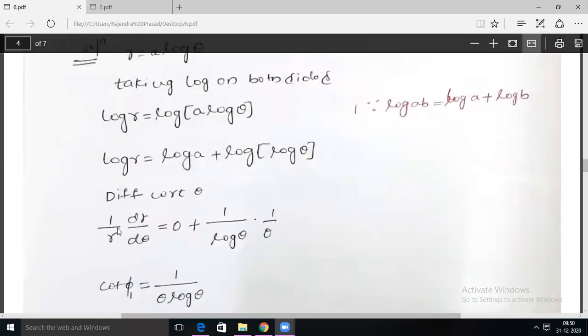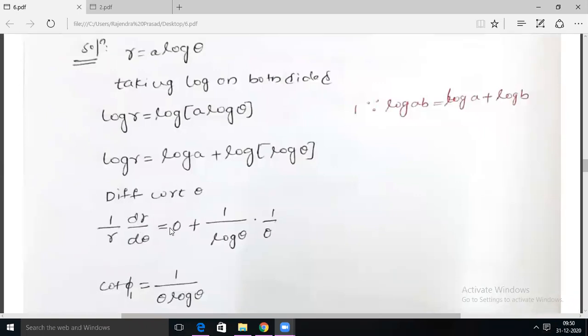Log r differentiation is 1 by r into dr by d theta, is equal to log a, a constant, whose differentiation is 0, plus log of log theta. The differentiation of log of log theta is 1 by log theta into the differentiation of log theta, which is 1 by theta.